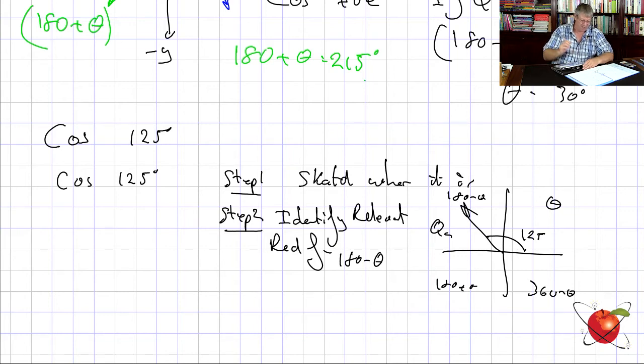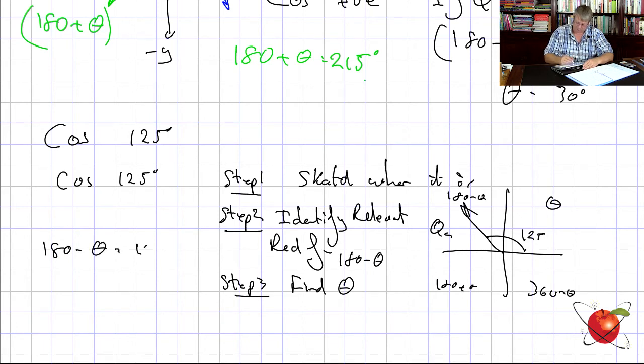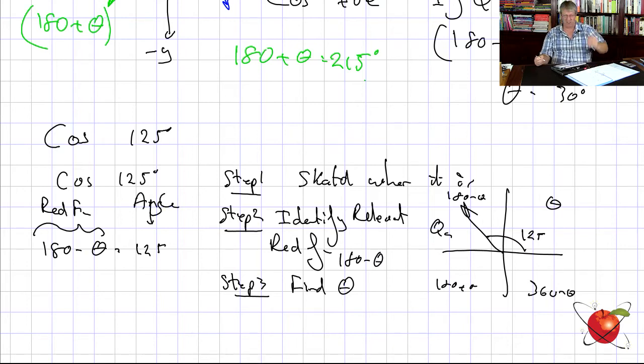All right? So therefore, step 3, find theta. What is theta going to be? Well, let's look. We say, okay, 180 minus theta must be equal to 125. This is our reduction formula, and this is the angle that we're trying to reduce.